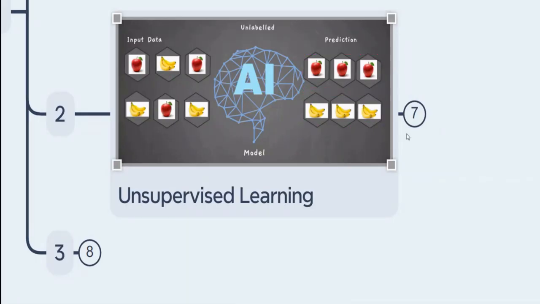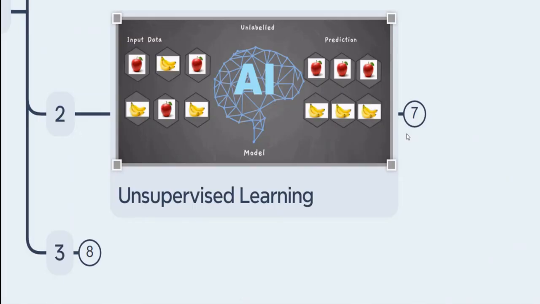For this, again, if I want to give one example, a small baby is there. You are not saying what shape it is, you are not saying anything. Simply you are giving that baby a lot of toys in different shapes: circle shape, square shape, triangle shape. You are giving an empty basket to that baby and asking it to segregate.